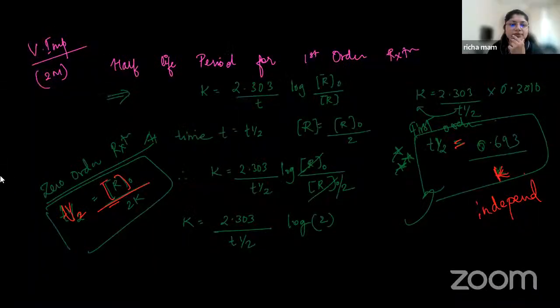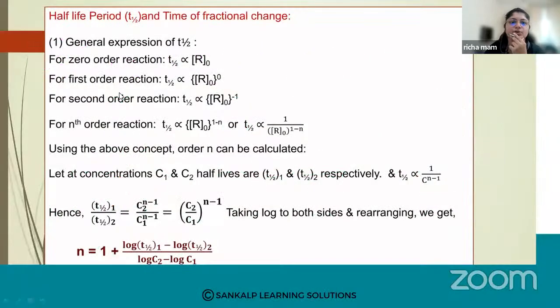Okay, so here are the important things. So what all have we seen now? We have seen the T half for the first order reaction and zero order reaction. Now with respect to the nth fraction, very important.